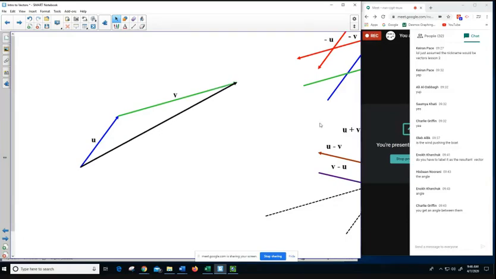But then the other thing you could do is take v and add to that u. So notice here, v is the one that's coming first. I'm doing v plus u, or I do u plus v, and I get the exact same result.